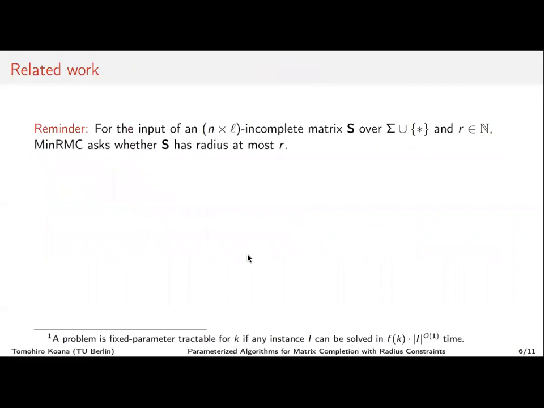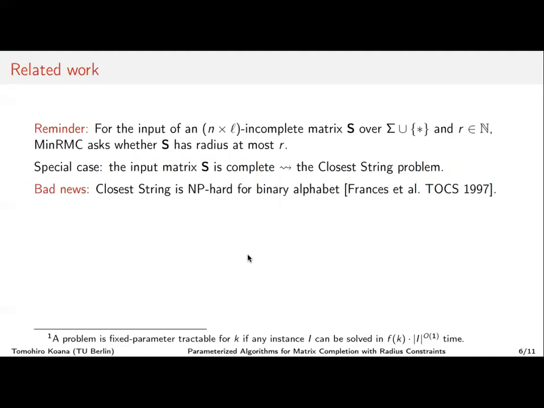Okay, so I will talk about some related work. First of all, when the matrix is complete, meaning that the matrix does not have any missing entry, it is known as the closest string problem. There's bad news, because closest string is NP-hard even if the alphabet is binary, and it's been known for a long time.